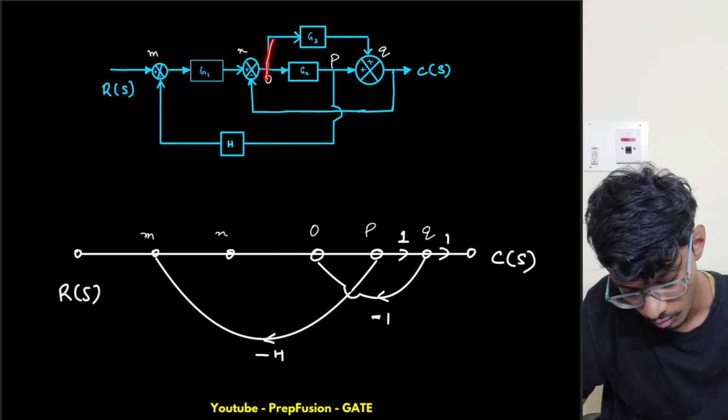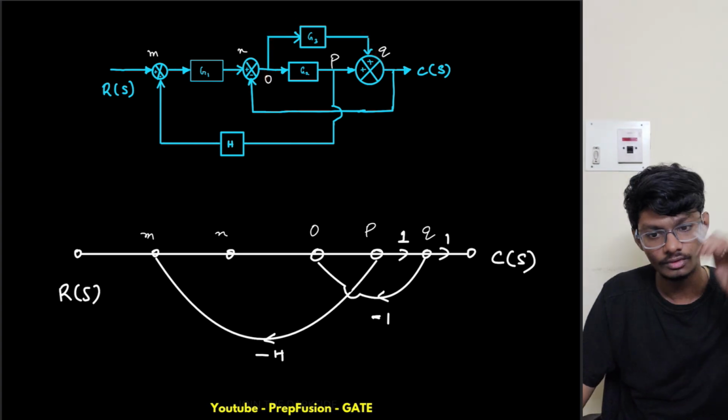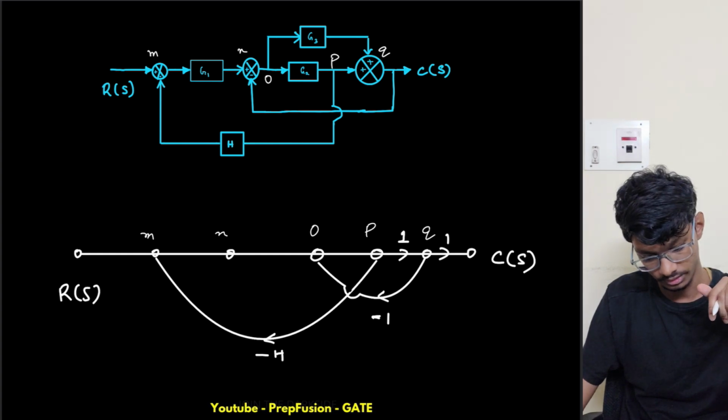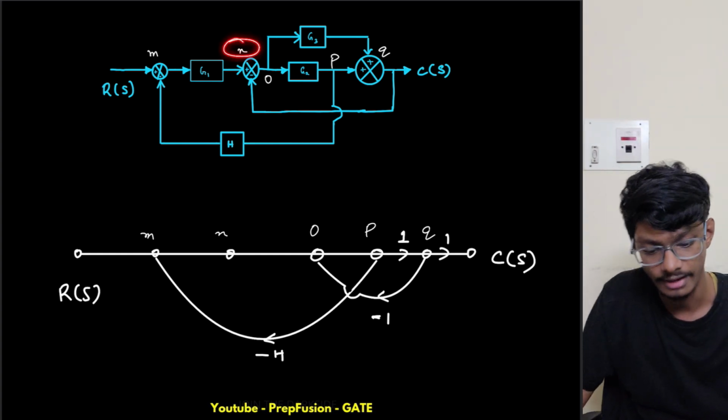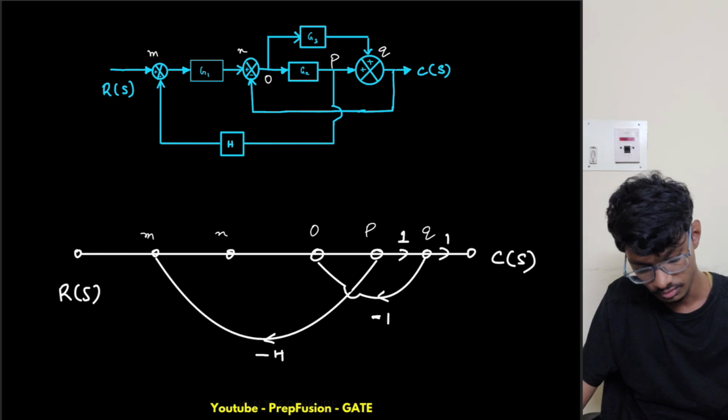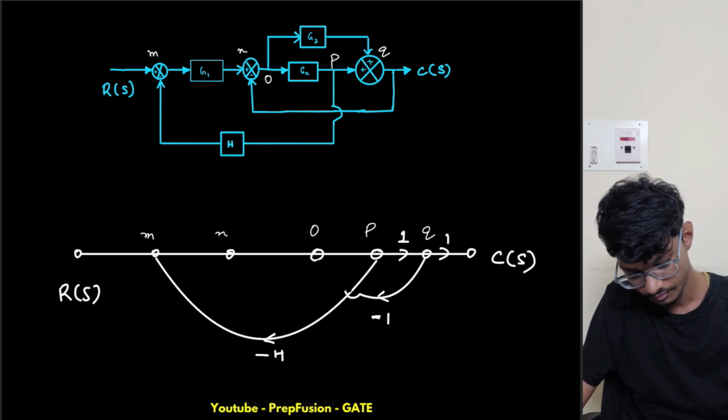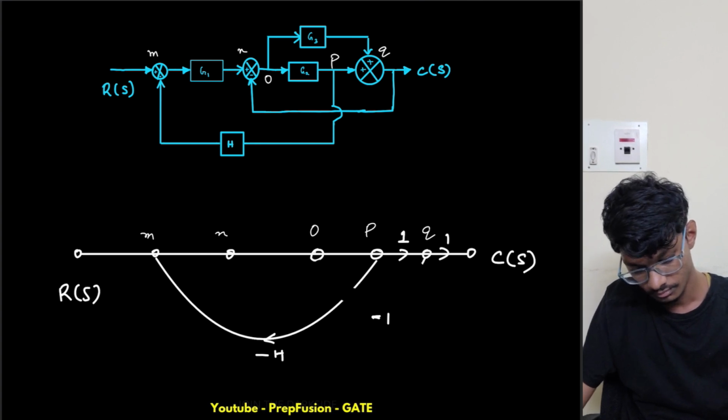And from O to Q we are also going, right? Sorry, this one is N actually. So that was the confusion here. So we'll go from Q to N. Just be careful about all these things. Don't make mistakes.